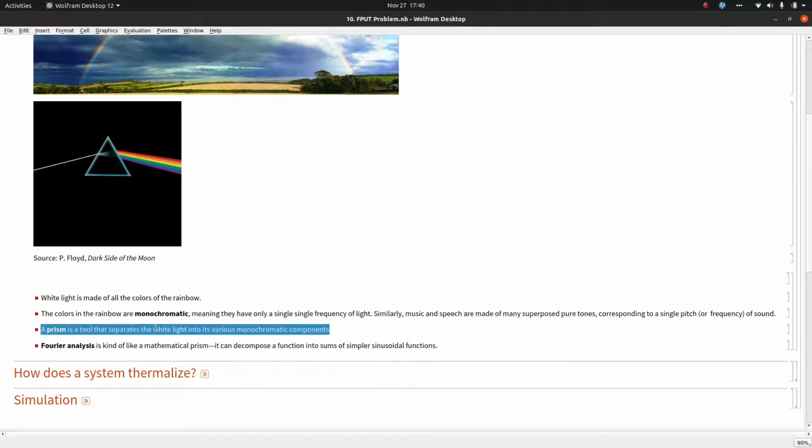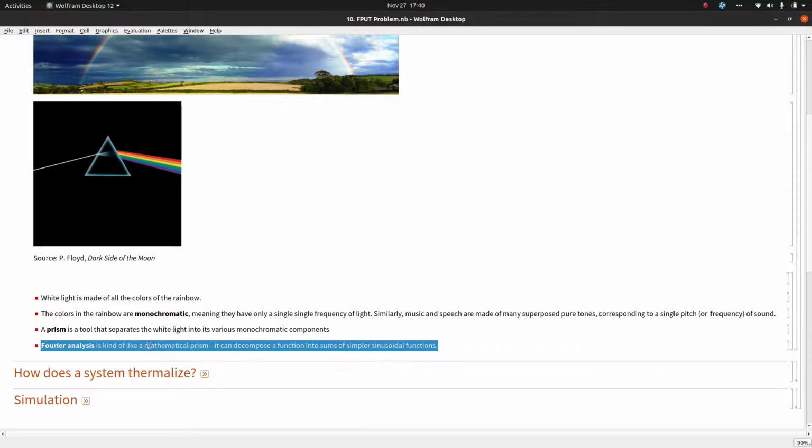A prism is a tool that can separate white light into its various monochromatic components. And there's a mathematical version of a prism, which is called Fourier analysis, which can decompose a function into sums of simpler sinusoidal functions.